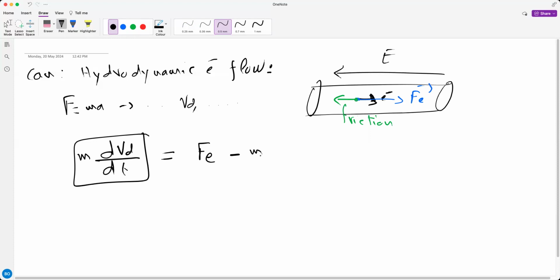Friction forces in fluid mechanics are modeled by a quantity that is opposite to, and proportional to, the momentum.